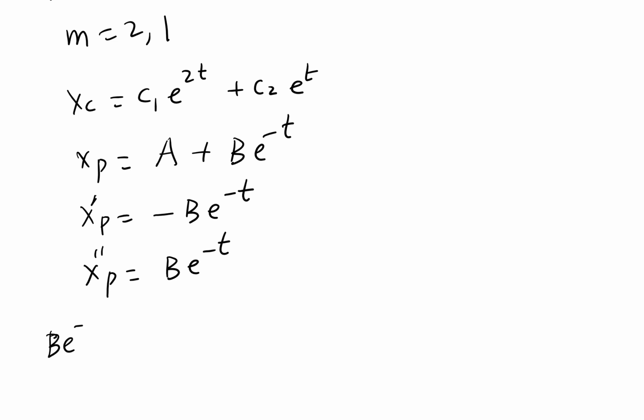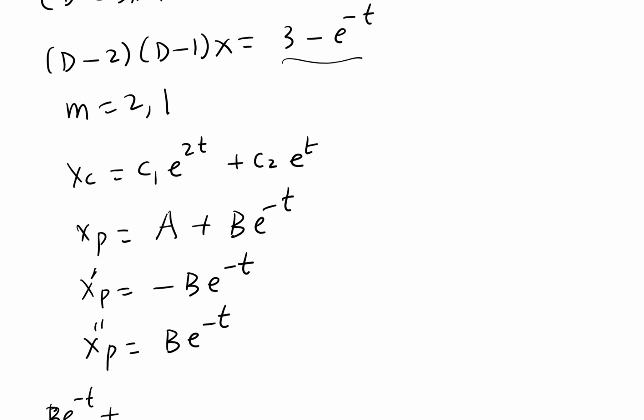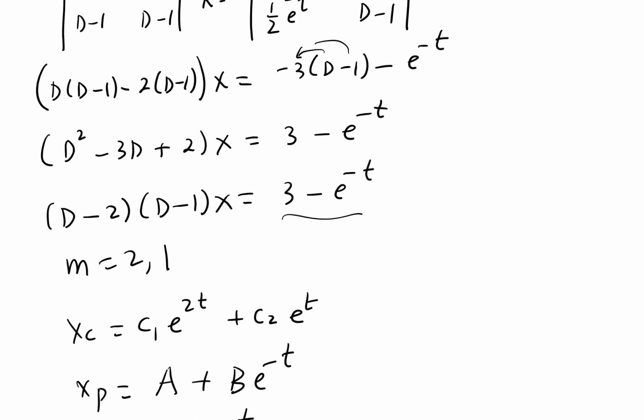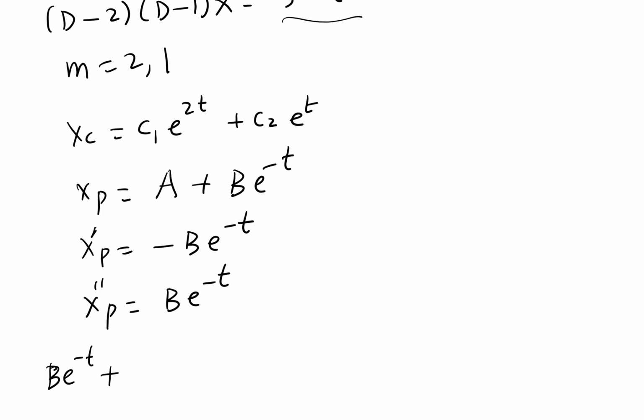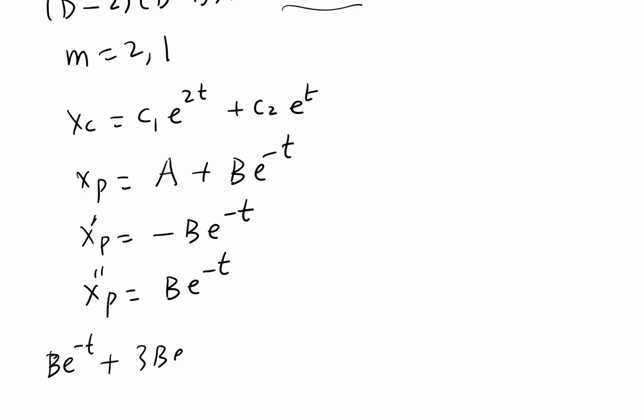x double prime is b e to the negative t plus, where we have the 3D, so we get 3b e to the negative t plus 2a. So I substituted the second derivative, minus 3 times this one, plus 2 times the 2a plus b e to the negative t, and the right hand side stays the same.